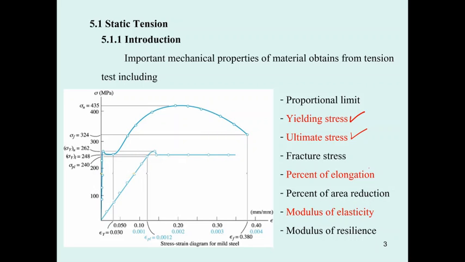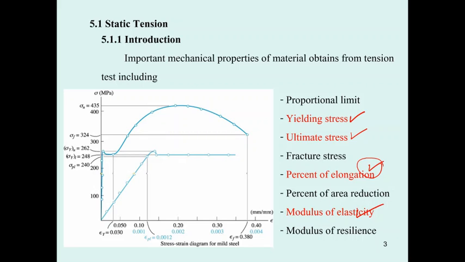The percent elongation indicates the elasticity or plasticity of the material. The Fe24 must have at least 23%. And also the stiffness, indicated by the modulus of elasticity, of 200,000 kg per square centimeter or 200 gigapascal.